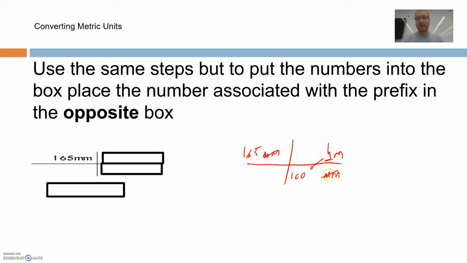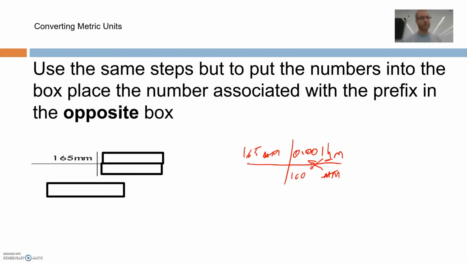Now the value for milli. Oh, there's 1,000 millimeters in a meter. That's true, but that's not the value for milli. The value for milli is 1/1000th, 10 to the minus third, right? So that is going to go up here.